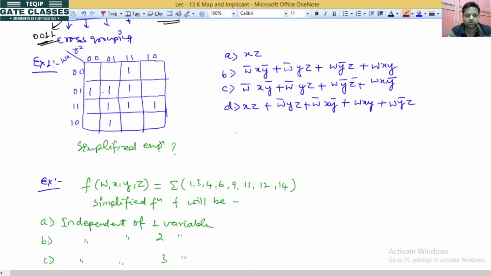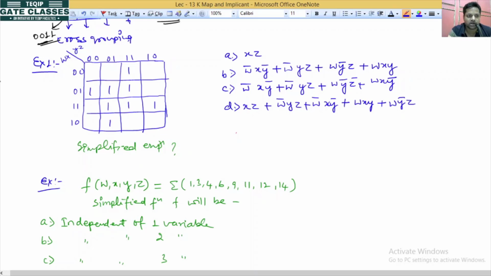But we cannot create an octet here, because then it would be diagonal elements, and you cannot group diagonal elements in a K-map. Now octet is not possible, then next is quad.